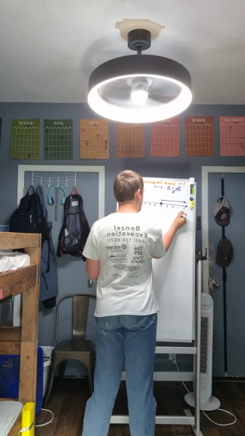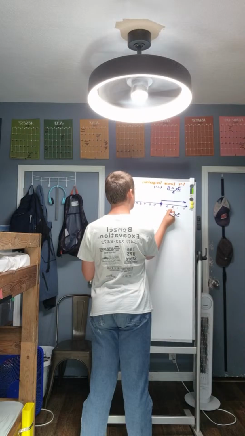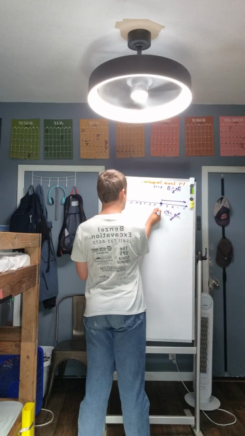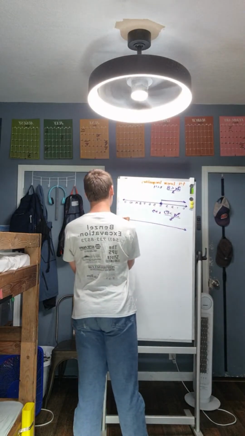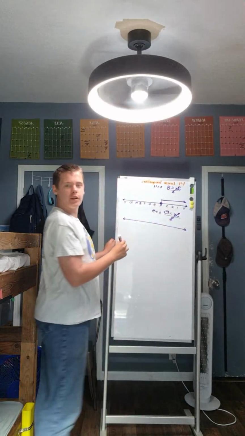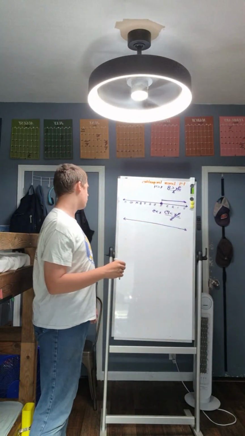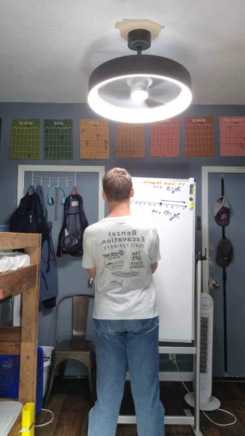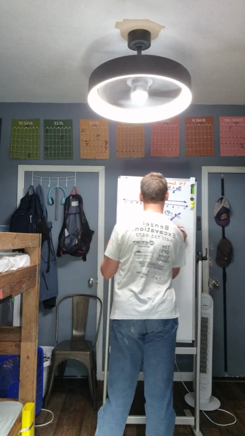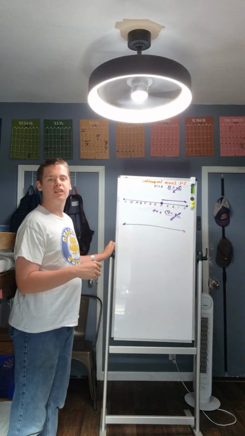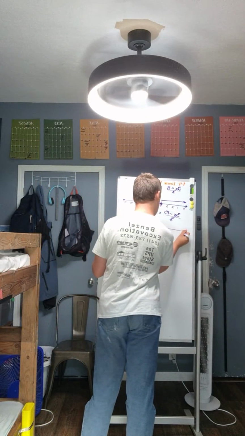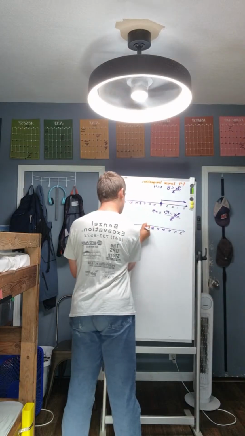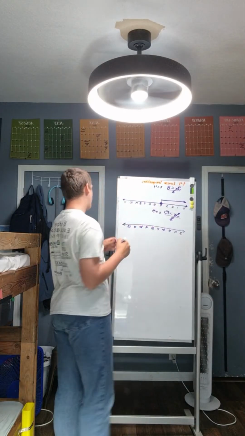So if we have 3x is greater than 15, we're treating it like a linear equation. X is greater than 5. We put random numbers down there: 3, 4, 5, 6, 7, 8, 9, 10, 11, 12.